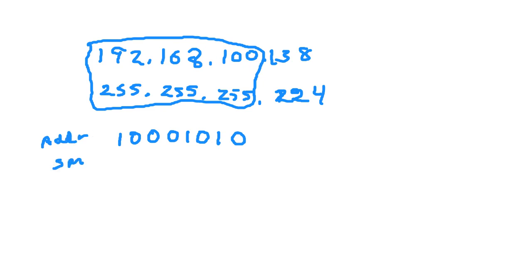I'm going to convert that, the 224, to binary also. Well, 1 will go into 192. 192 will go into 224 once. That leaves 32. 64 won't, so that leaves 0. 32 will go into 32 once, and then we 0 it out. So we'll put a 0 in all of the other columns.